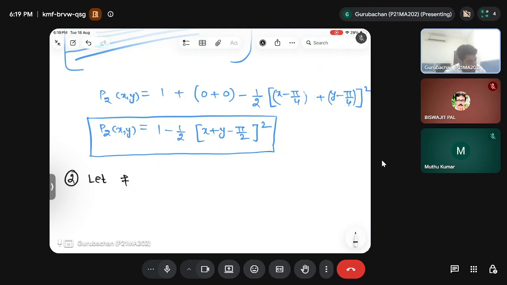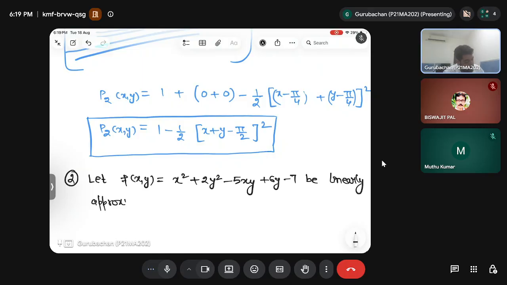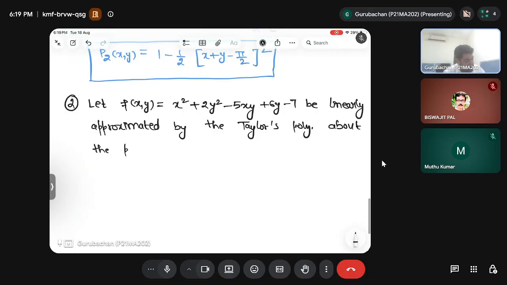Let f x y is equal to x square plus 2y square minus 5xy plus 6y minus 7 be linearly approximated by the Taylor's polynomial about the point 1 1.